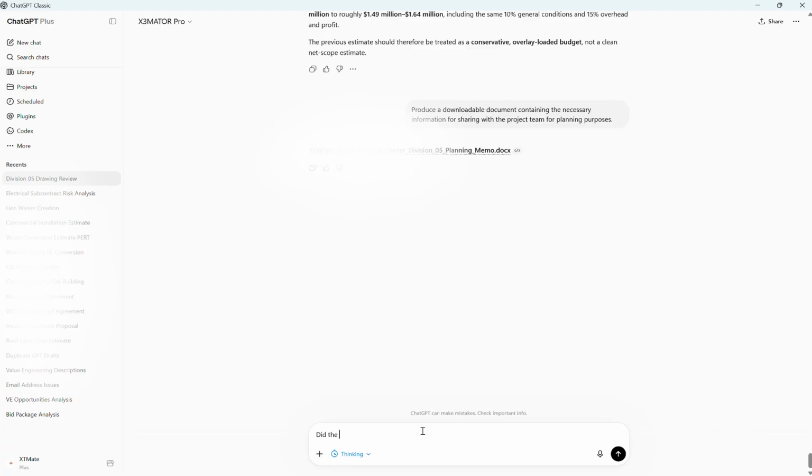Then general conditions and overhead and profit get supplied at the bottom. And I asked for a final summary table showing the category subtotals and the total Division 5 number. One more critical instruction: flag any line item where pricing confidence is low because of incomplete drawing information.